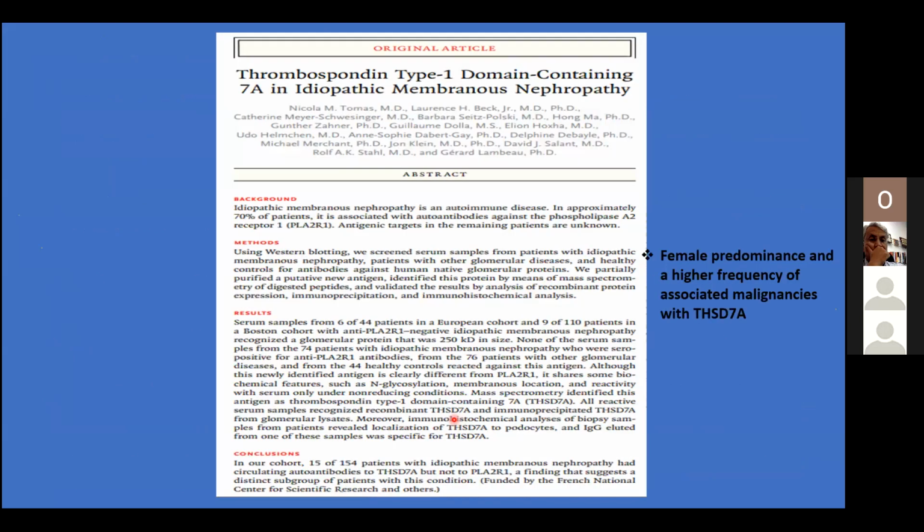And the second antigen identified in membranous nephropathy is thrombospondin type 1 domain containing 7A in idiopathic membranous nephropathy. Okay. So this membranous nephropathy occurs in 5 to 10% of the PLA2R negative cases, and usually shows female predominance and a higher frequency of association with malignancies.